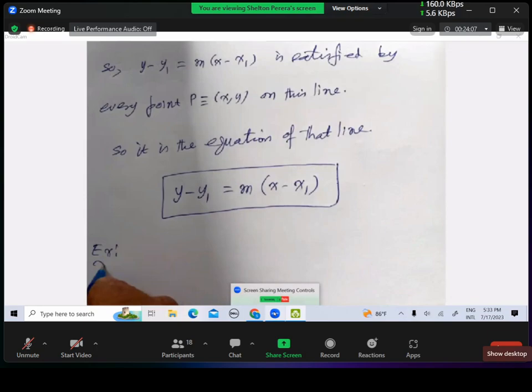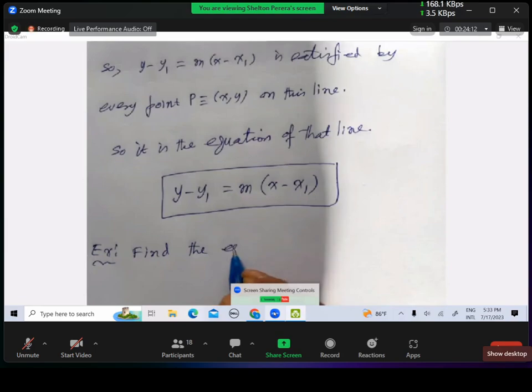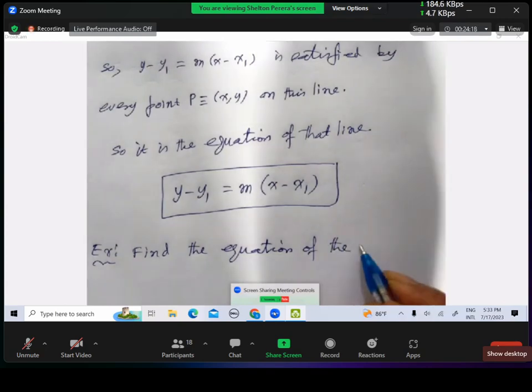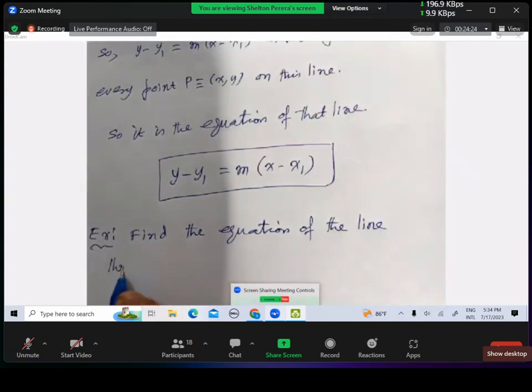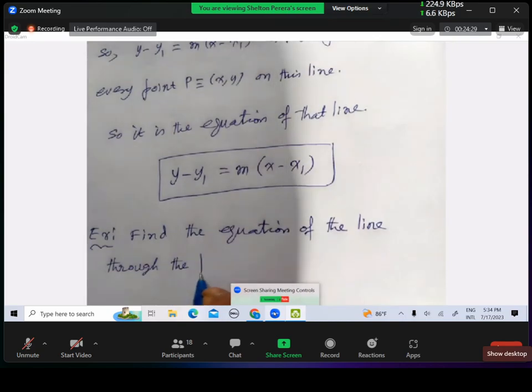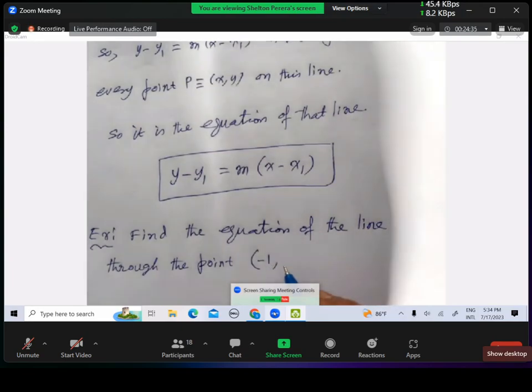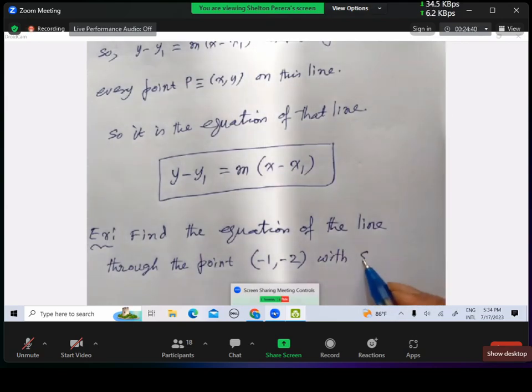Example. Find the equation of the line through the point, say, (-1, -2) with slope -2/3.